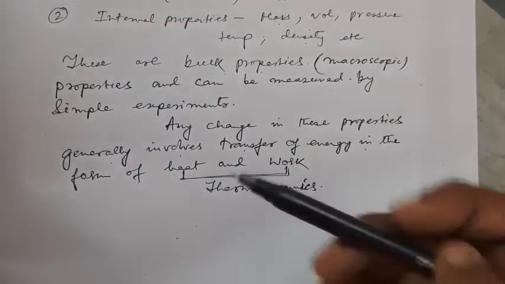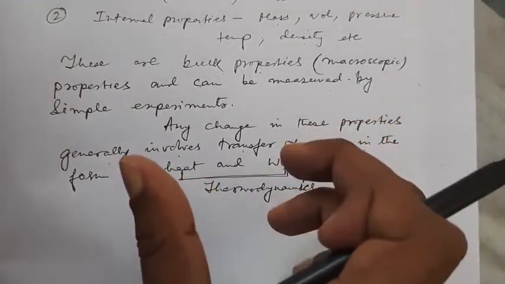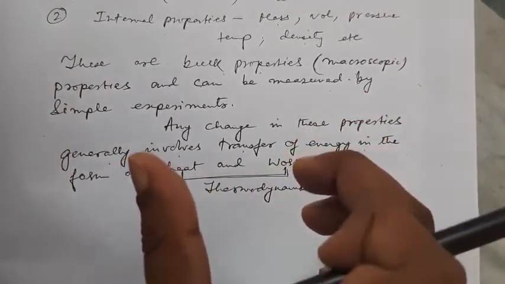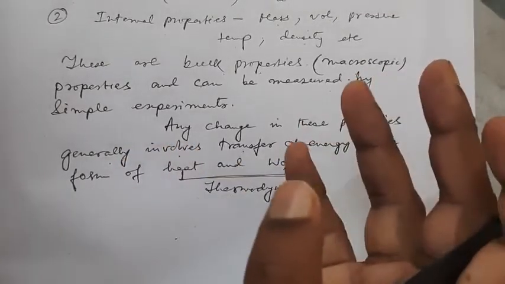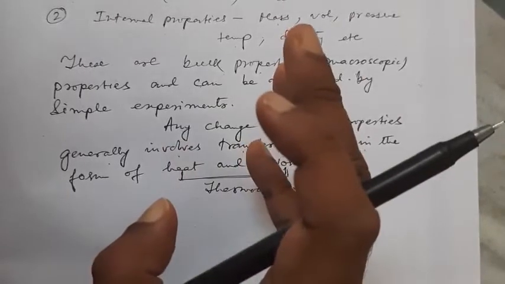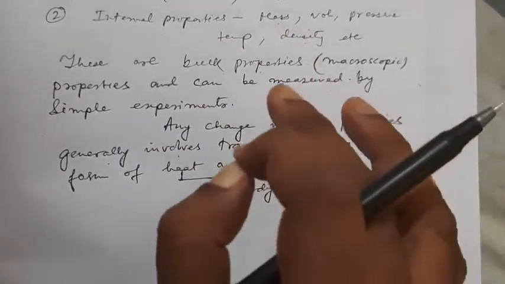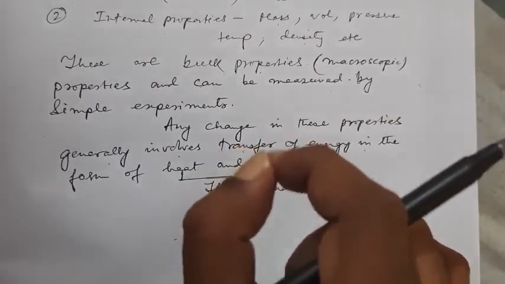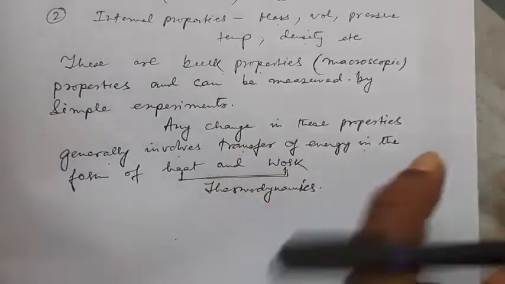Now, this thermodynamics subject is completely based on experimental data, and every thermodynamic formula comes from the analysis of the data. For example, suppose a fixed mass of an ideal gas is studied at constant temperature.